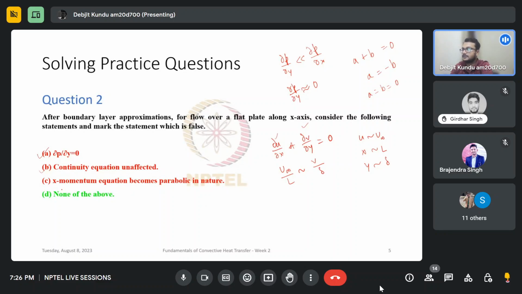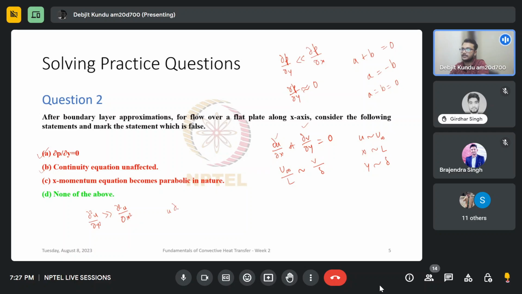Then the third one, x momentum equation becomes parabolic in nature. Again, with the help of scale analysis, we have seen that ∂²u/∂y² is much greater than ∂²u/∂x². So that's why we put this equal to 0 in the Navier-Stokes equation.